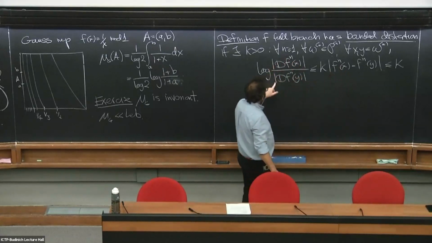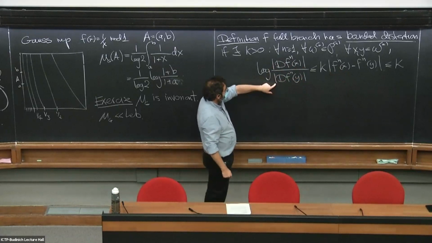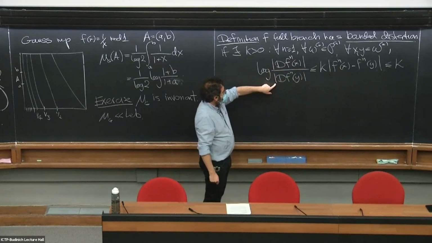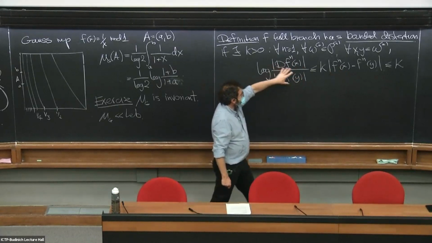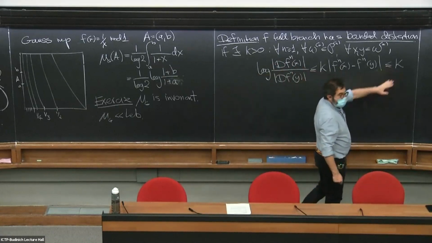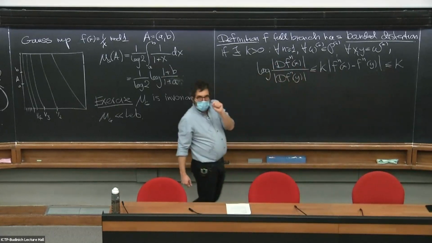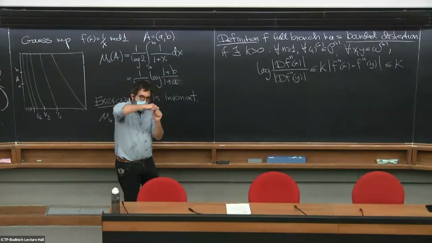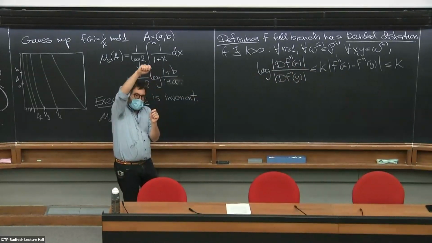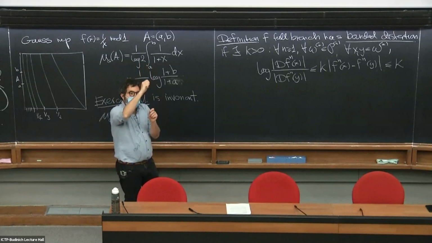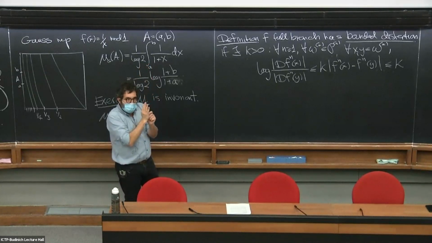So this ratio is not easy to remain bounded, right? Because you are looking at very small intervals which get stretched very, very much. The derivative is very large, and you may have at different points very different values of the derivative.